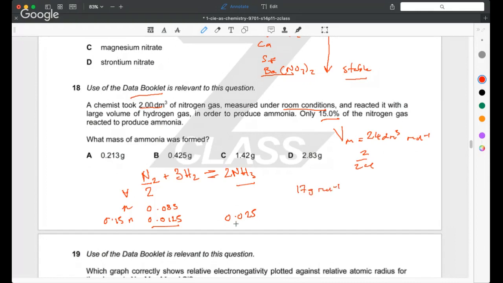If you know the number of moles and the molar mass, you can work out the mass, which is the number of moles times the molar mass. That's 0.025 moles times 17 grams per mole, and the answer gives you 0.425 grams, which is answer B. Good.